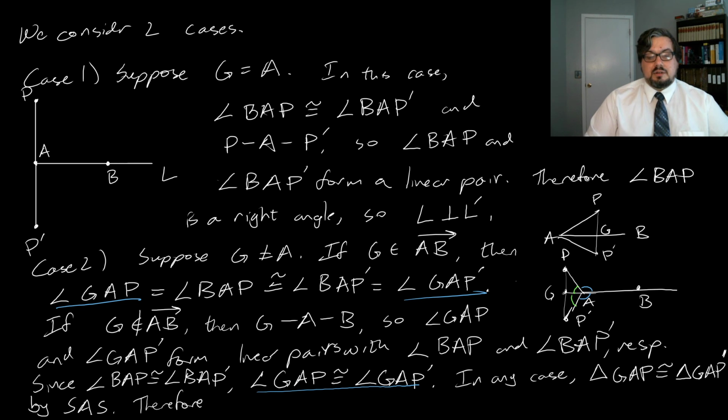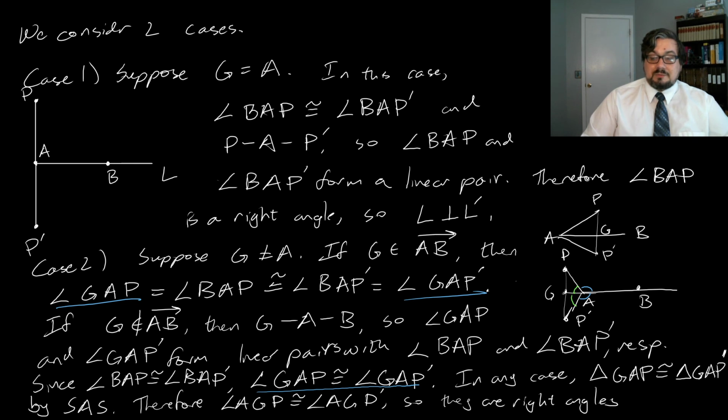Therefore, the angle AGP is congruent to the angle AGP prime, so they are right angles, because they form a linear pair. So that would be this angle and this angle.